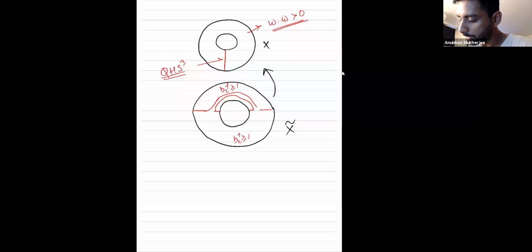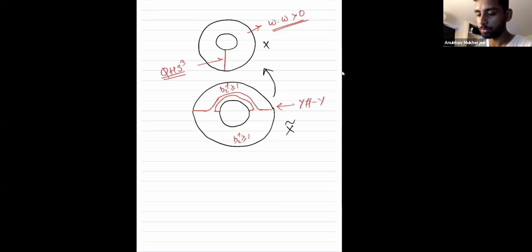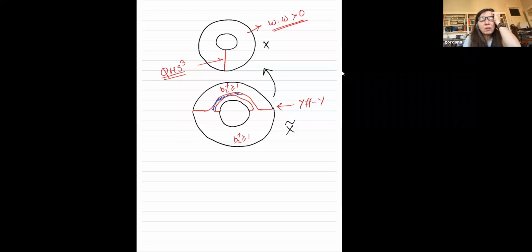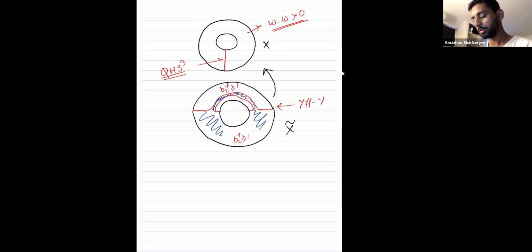This is now separating, and this is nothing but Y connected sum minus Y. So now we can see that Y connected sum minus Y is separating in X tilde.